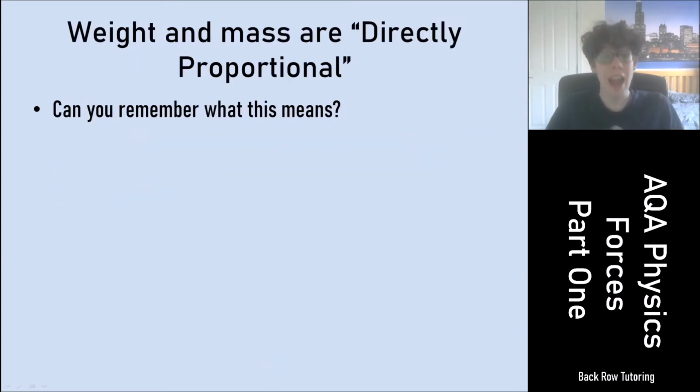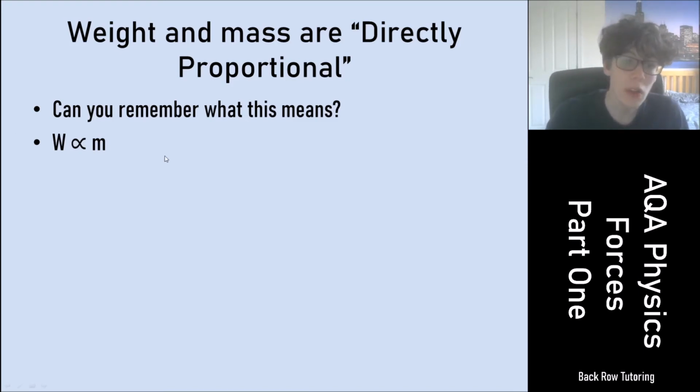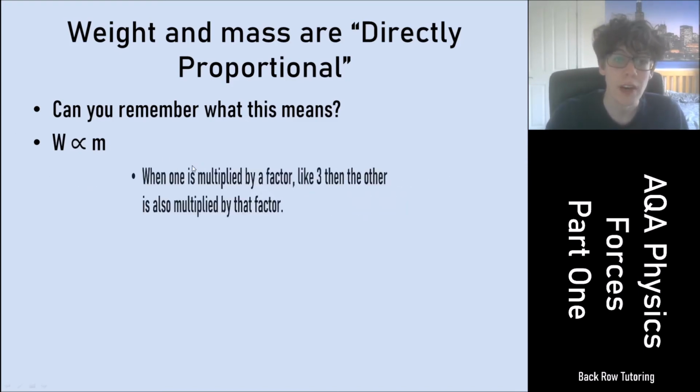Weight and mass are directly proportional, so can you remember what this means? If weight is directly proportional to mass, we write W, then this proportional-to symbol, then M, and that means weight is proportional to mass. So weight is equal to mass times some constant.